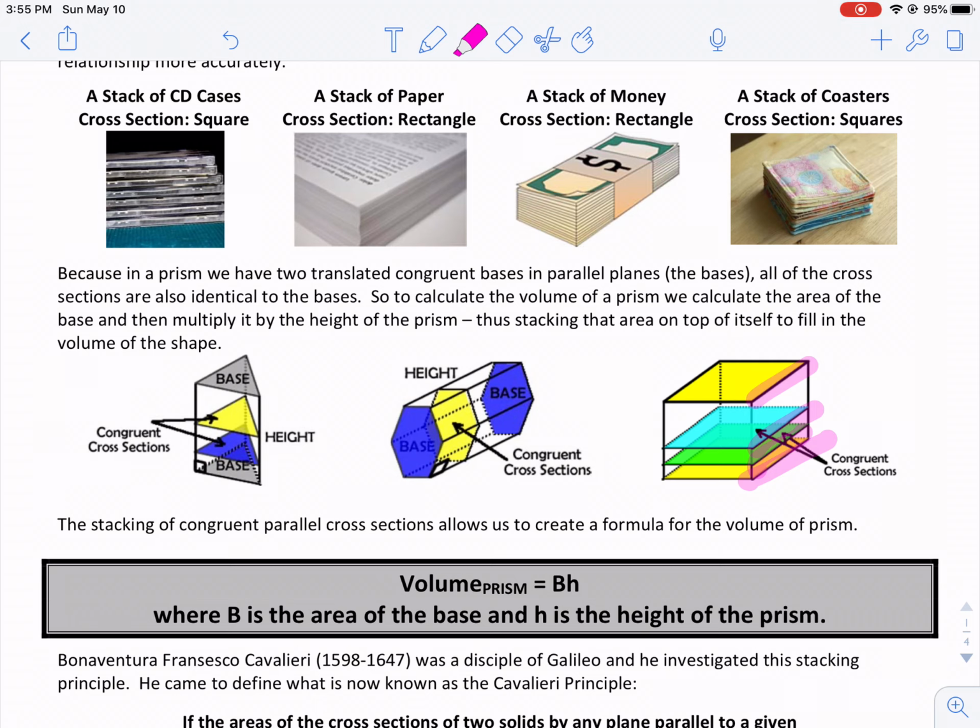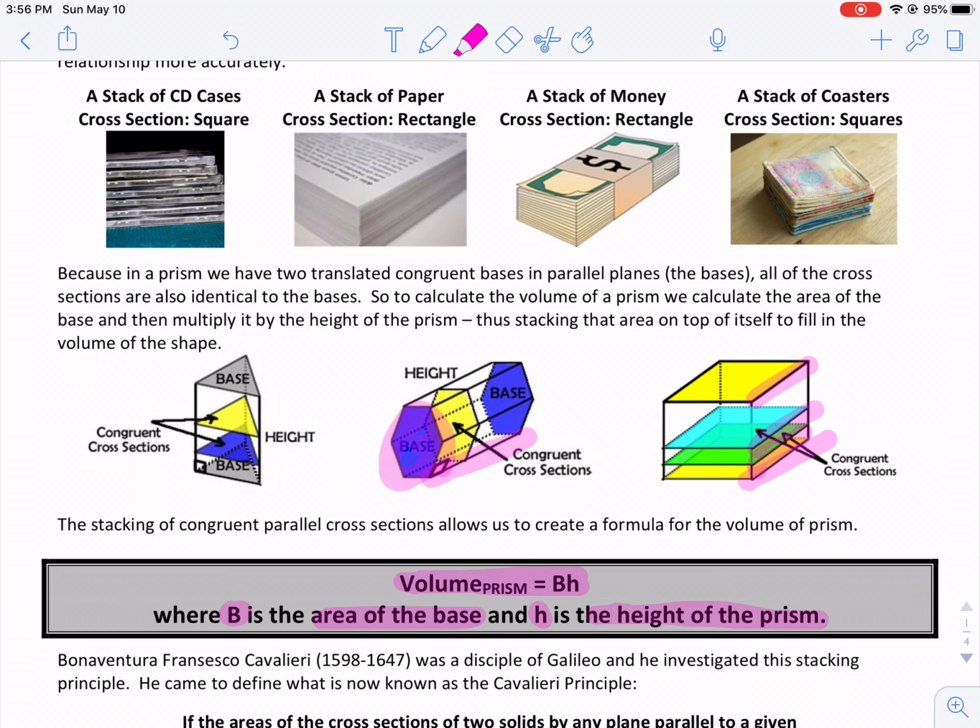We just take the area of the base and multiply it by the height. So the volume of a prism is the base times the height. Notice this big B is the area of the base, and the height now isn't the height of the base, it's the height of the prism.